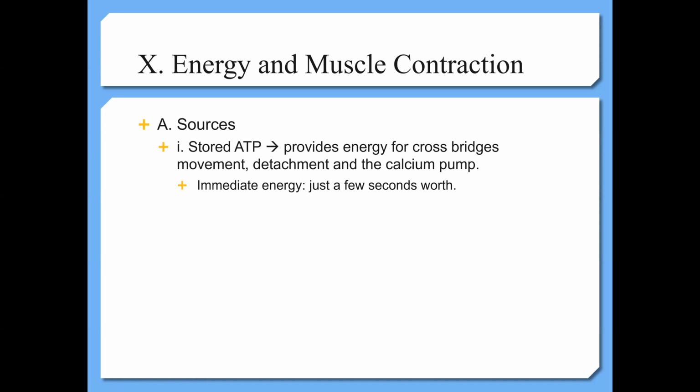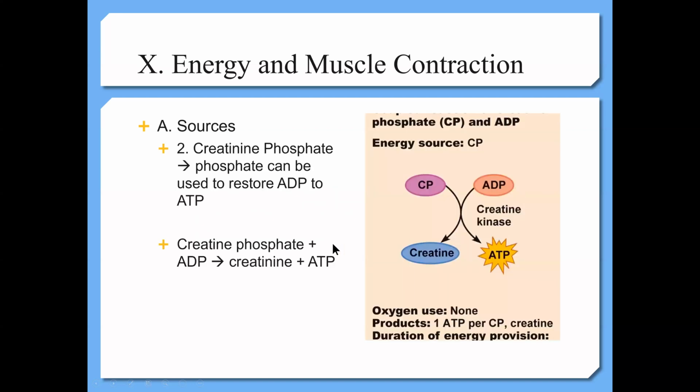So it provides energy for cross bridges, detachment, calcium pump. We're talking about in regards to the muscle. But I just told you you need a lot in the brain, you need a lot in your muscles, you need a lot of other places. In the muscles, we only got a few seconds worth. Well, what's one way that we can generate ATP?